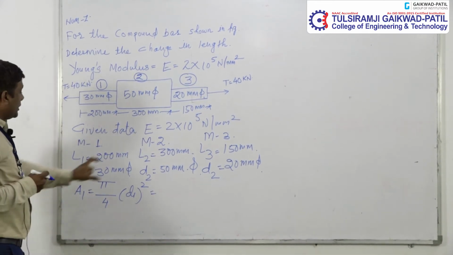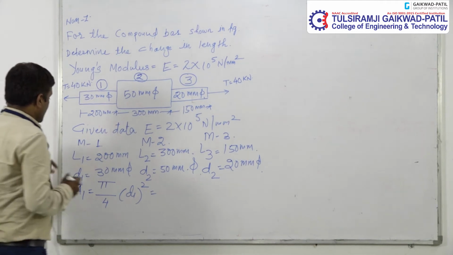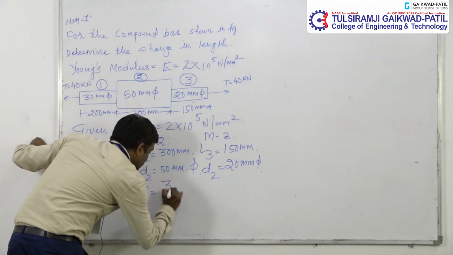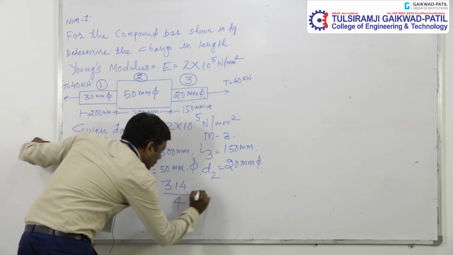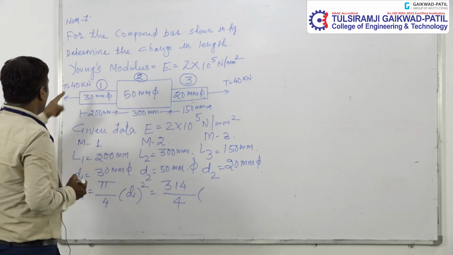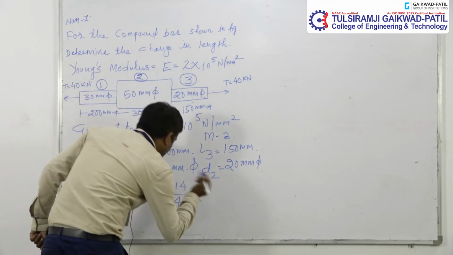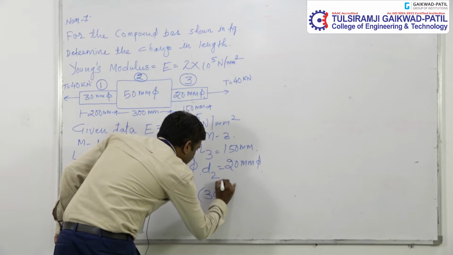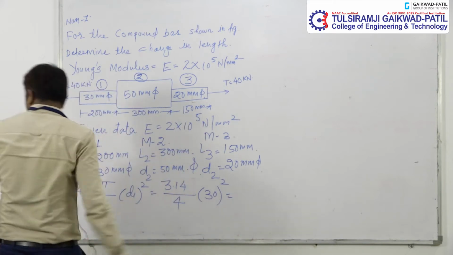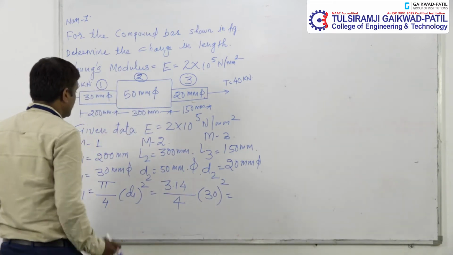Now if we put in the values, we get 3.14 divided by 4, and for material number 1 the diameter value is 30, so 30 whole square.